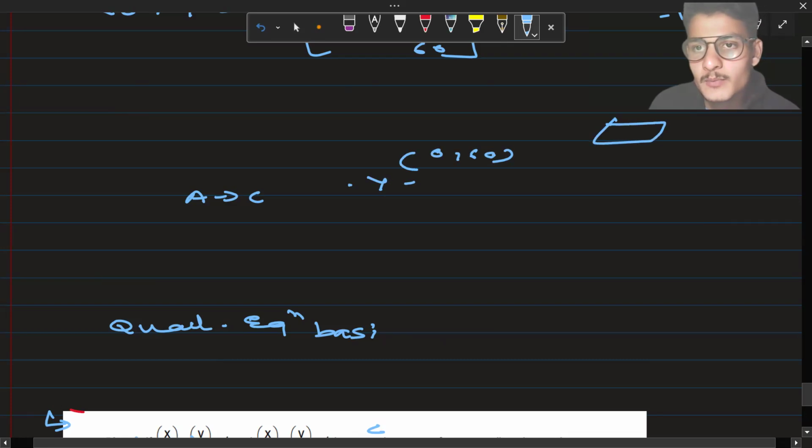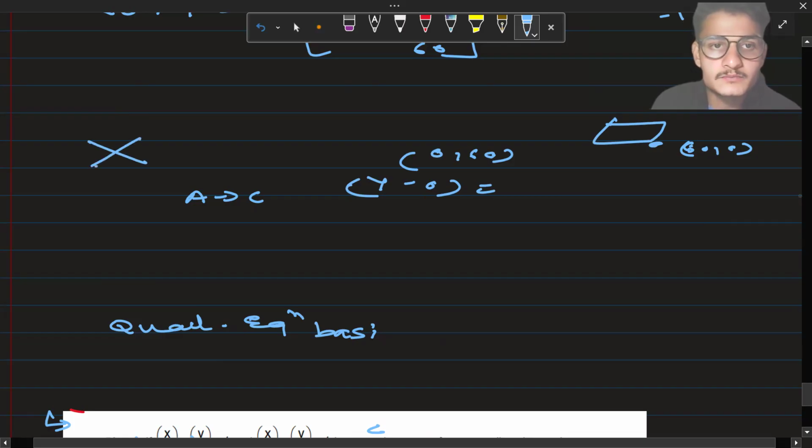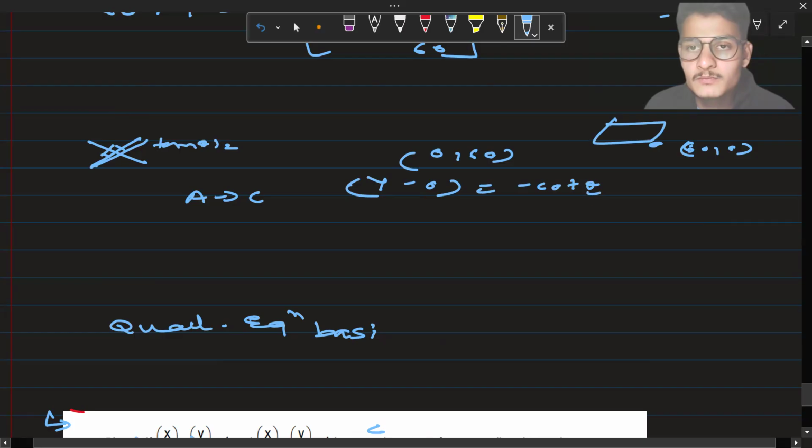Okay, this is the rhombus and this is the point 60, 0. So using the straight line concept, y minus 0 into, and you will use the rhombus property of perpendicular diagonals. Here it was tan theta by 2. For the other diagonal, it will be minus 1 upon tan theta by 2. It is minus cot theta by 2.